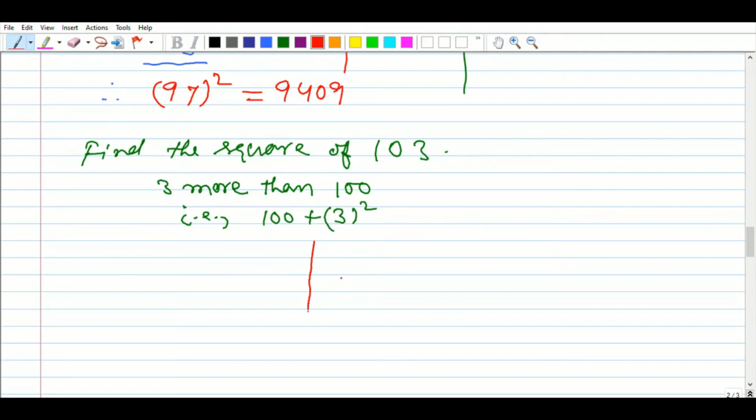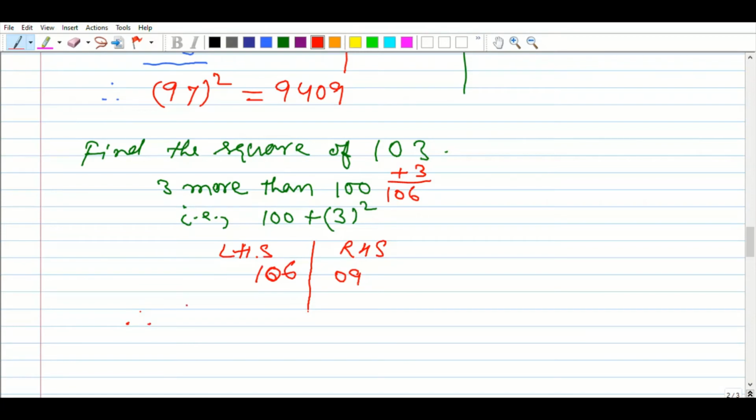First is the LHS, and this is the RHS. We can write 3 square as per the rule. We have base 100, so 2 digits we write here, 09. Now how many more? 3, so we add 3 here. What do we get? 106, so we will write here 106. It's clear?